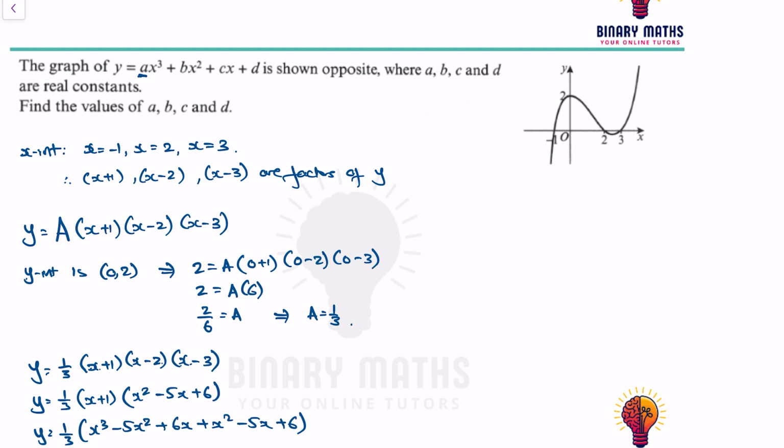Y is equal to a third times (x cubed minus 4x squared plus x plus 6), which means y is equal to a third x cubed minus 4 over 3 x squared plus a third x plus 6 over 3, which is 2. This implies a is equal to a third, b is equal to minus 4 over 3, c is equal to a third, and d is equal to 2.